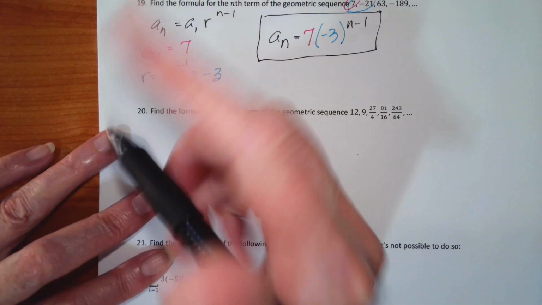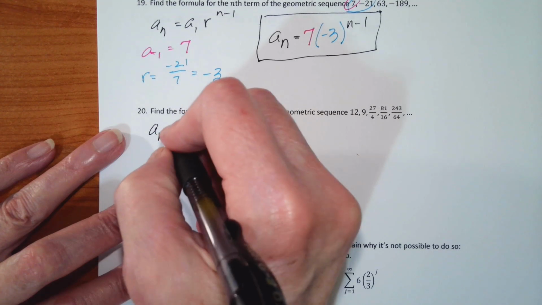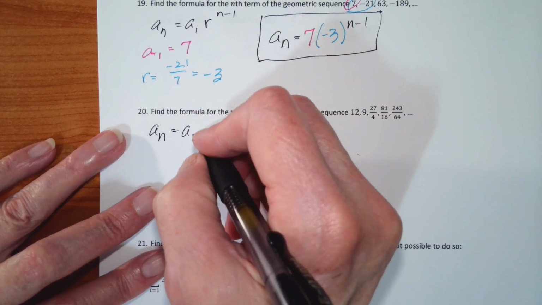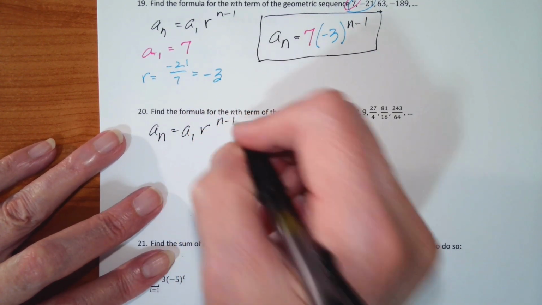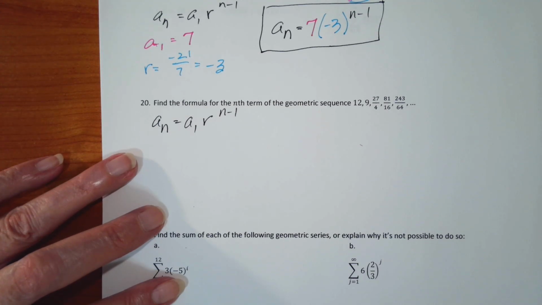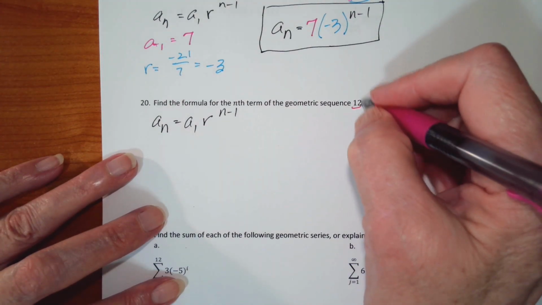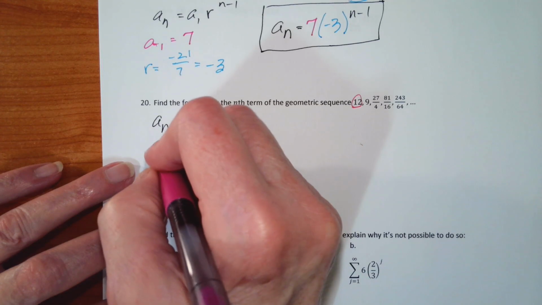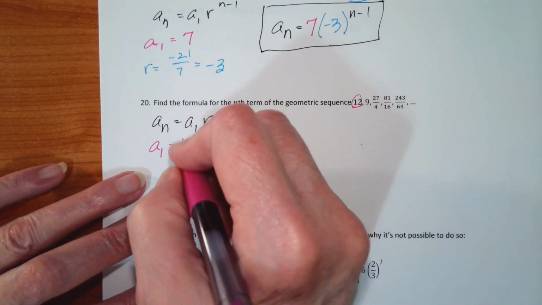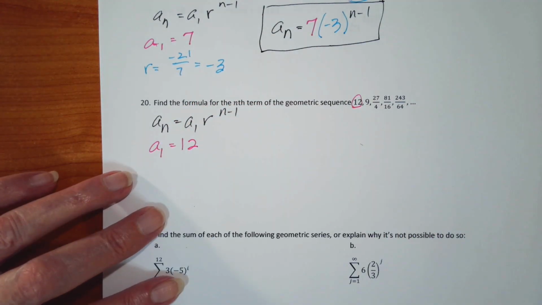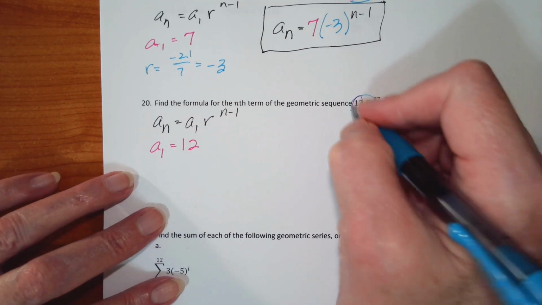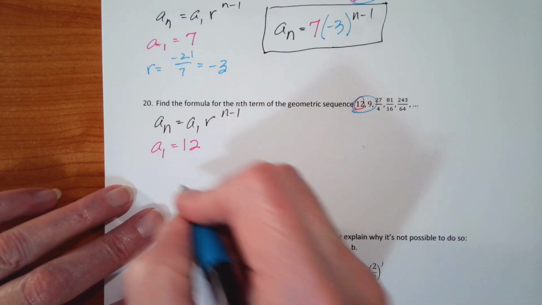Okay, same thing, same formula. A sub n is equal to a sub 1 r to the n minus 1. They give us a sub 1. The r is the common difference, or excuse me, the common ratio.